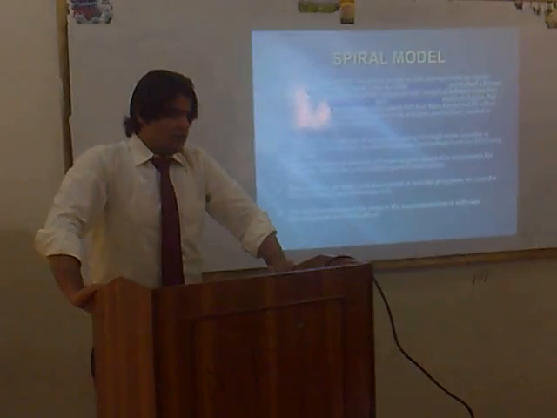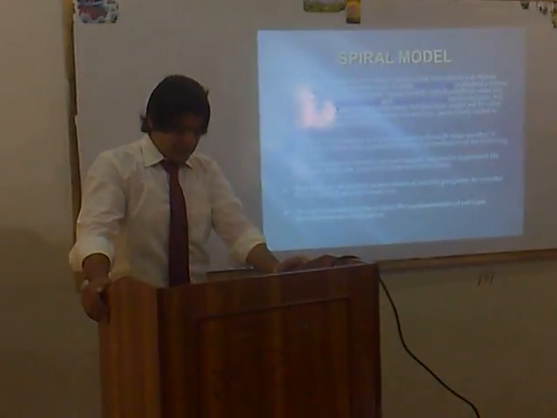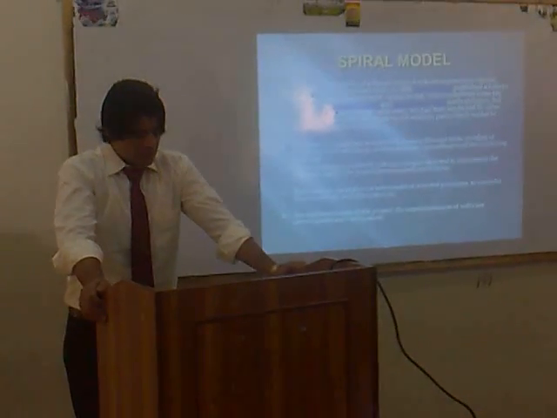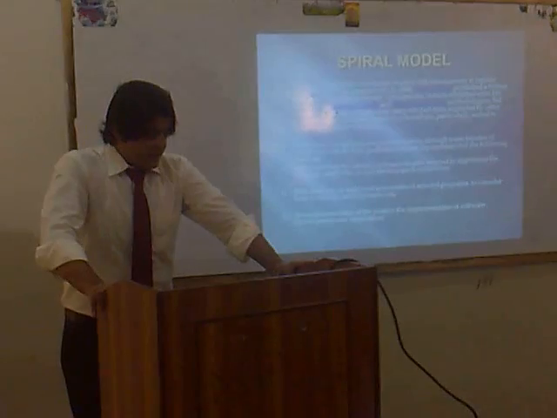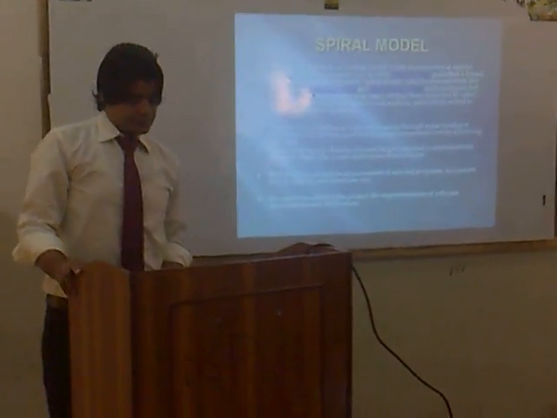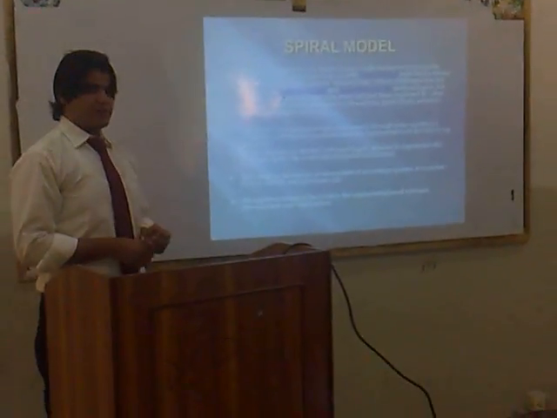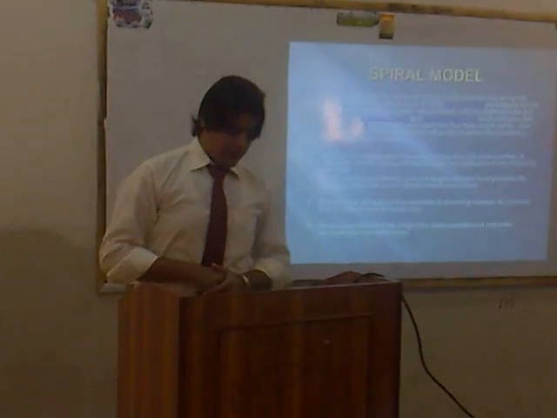There, the technical risks are very high. In spiral model, there is a special phase for risk analysis, and in it we can also use object-oriented technology. This model is relatively new and is best for project developments.